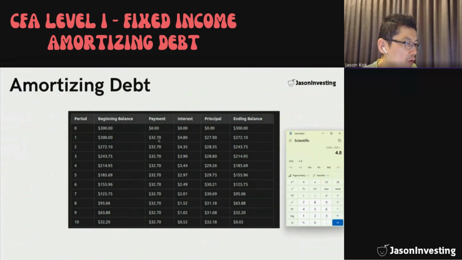But remember that the amortized debt payment that we calculated was 32.7. So 4.8 of it goes to interest, which means the difference, 27.90, goes to the principal. As you can see, 32.7 subtract the 4.8 gives you 27.9, which is the principal part.